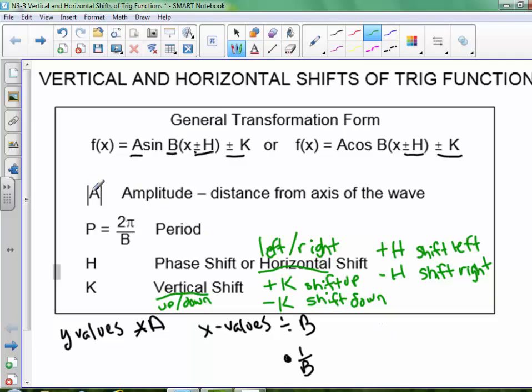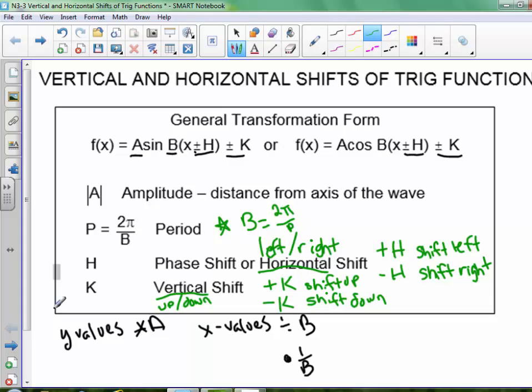A is still our amplitude, the absolute value of A gives us amplitude, and our period is going to be 2 pi divided by B. I'd like to make a note here, because we'll use it later on, that B would equal 2 pi divided by P. That's going to be handy later on.